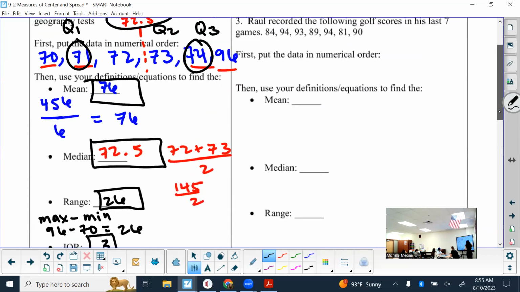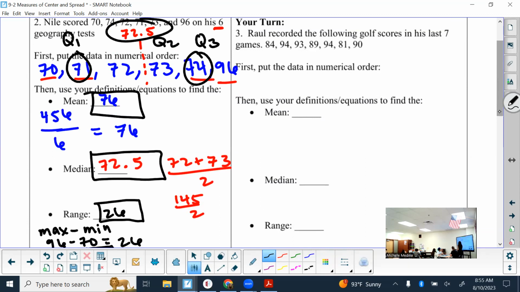When you look at the rest of the data, not including the maximum or minimum, aren't these numbers really close together? Yeah. So in this case, you might say that the IQR would be a better measure of spread because it's more representative of how he actually did. He scored about the same, except for one time. Questions on that?